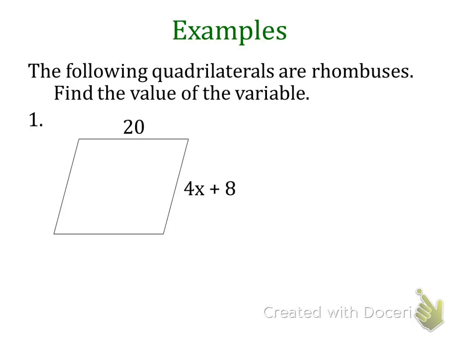All the quadrilaterals that we're going to attack are rhombuses, and we're going to find the value of the variable. So we're going to now really need to read the directions. It says we've got rhombuses. If I see the word rhombuses, I'm going to keep those special highlighted rules in mind.